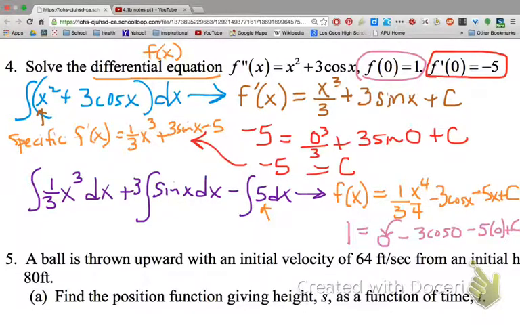So I find out that 1 equals negative 3 plus c, so c equals 4.